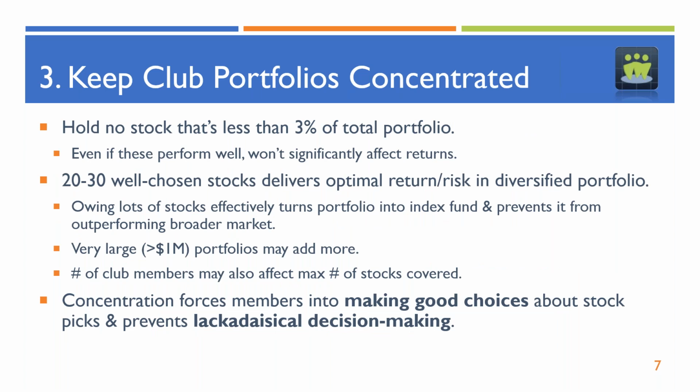My third rule is to keep your club portfolios concentrated. Don't hold too many stocks. My minimum of total portfolio value for any particular stock is 3%. My rationale is that if you've got stocks that make up 1% or 0.5% or even 2% of your portfolio, and they perform well, they're not going to have an impact on your total return.